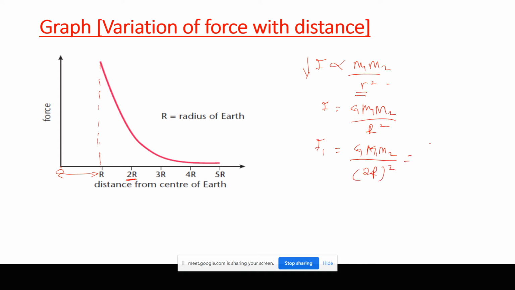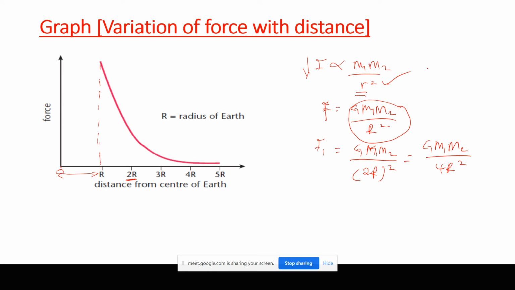And this gives us Gm1m2 divided by 4R squared, which is 1/4 of the original force at the surface, 1/4 times the original value Gm1m2 over R squared. So as we move away from the Earth's surface, the value of the force decreases because the force varies inversely with the square of the distance between two masses.